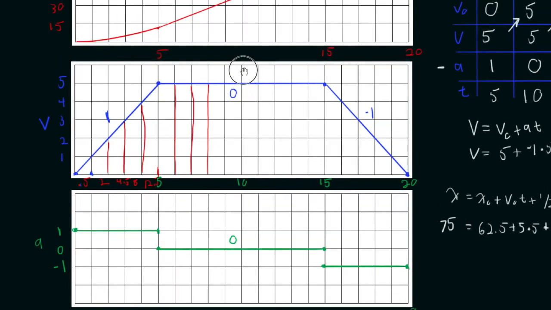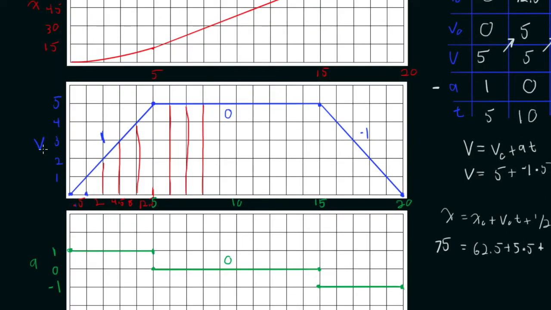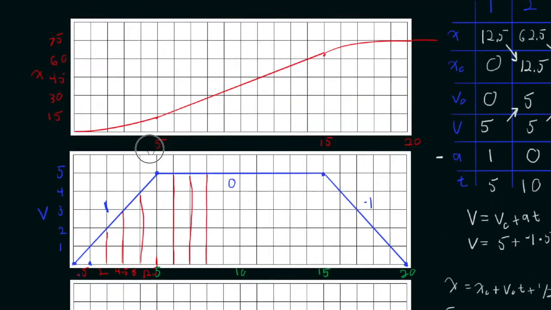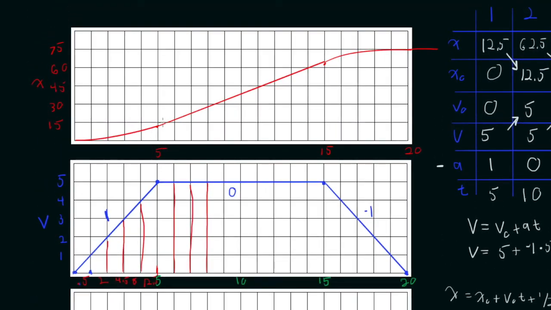Remember, the slope of your velocity graph will be equal to your acceleration at every given moment in time. The slope at 4 seconds is 1. The acceleration at 4 seconds is 1. The area under your curve in your velocity-time graph will be equal to your actual displacement at any given moment in time.